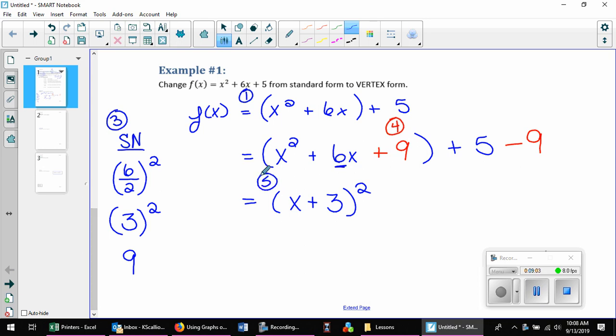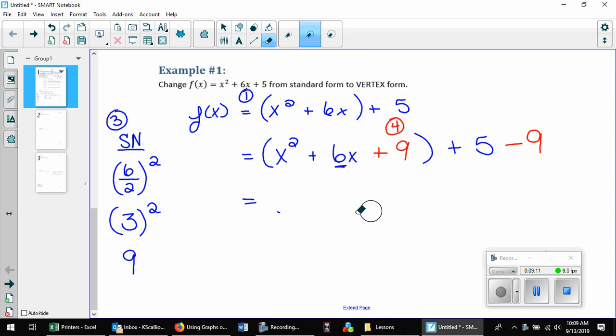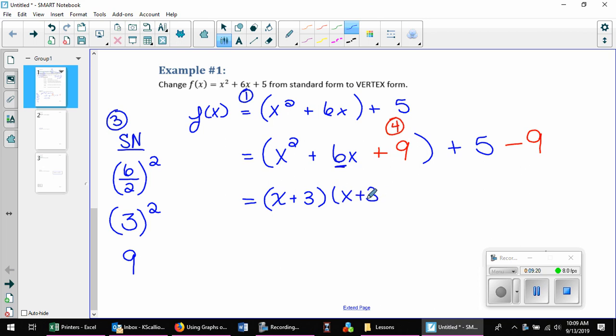Okay, so now I have, that was step 5. And what's step 6? Okay, so step 5 was factoring, I guess. So this would be x plus 3 times x plus 3 plus 5 minus 10.